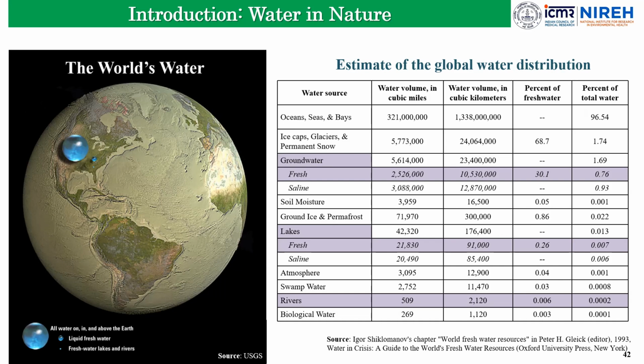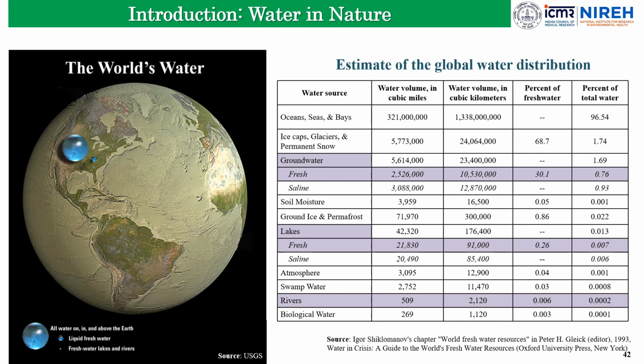So if 97% of the water is gone, then very little is remaining, right? And that also is not actually usable for us, because a significant amount of that water is captured in glaciers and ice caps, like in Antarctica. So that water is not directly usable for us.